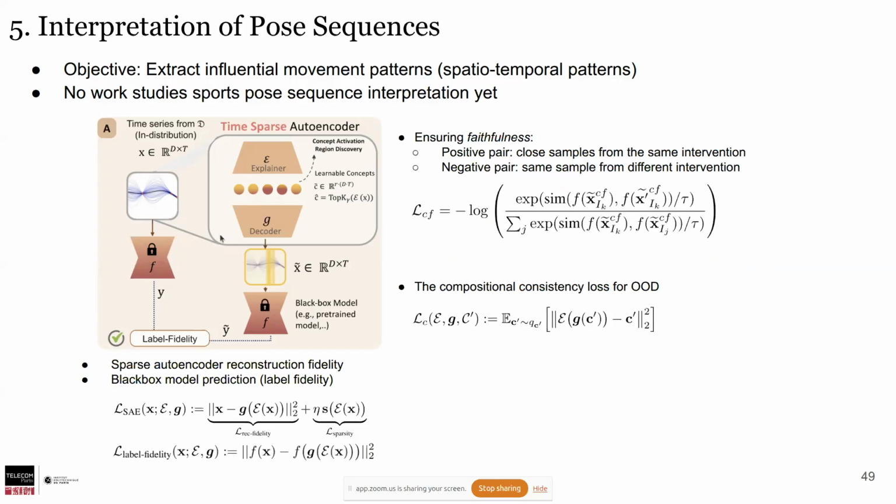What we do is train a sparse autoencoder, which generates concepts in the middle that can reconstruct the input time series, and we refeed it to the black box model to generate another prediction of Y. We do this in this loss term: first we check the reconstruction of X, to see if it's well reconstructed.